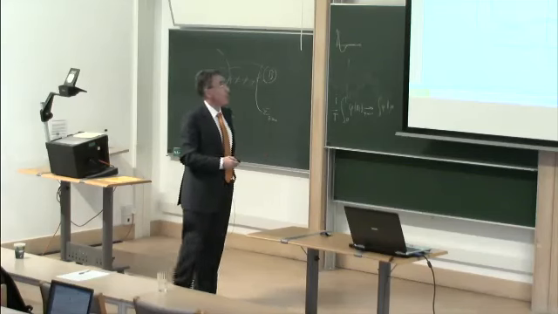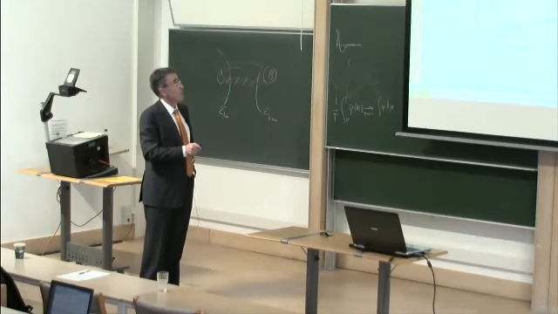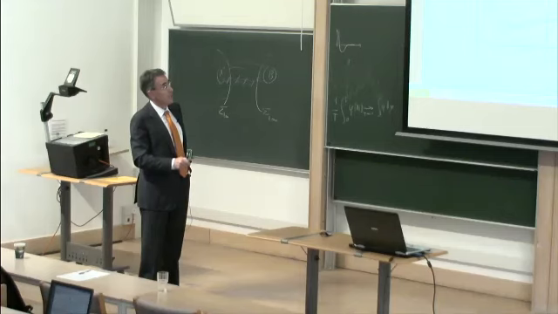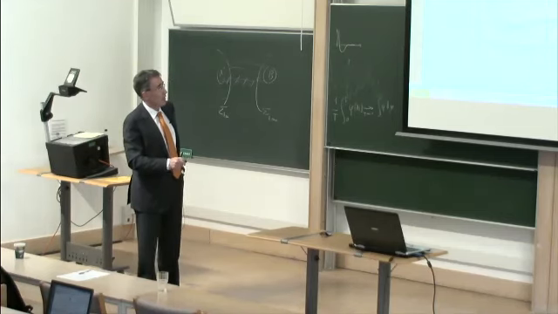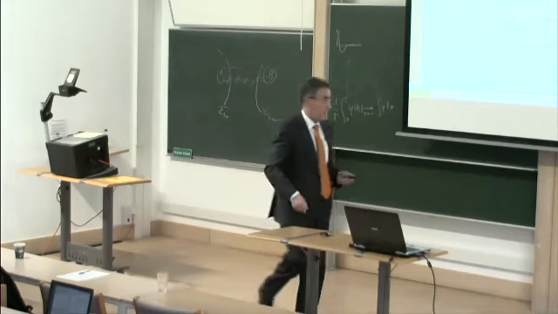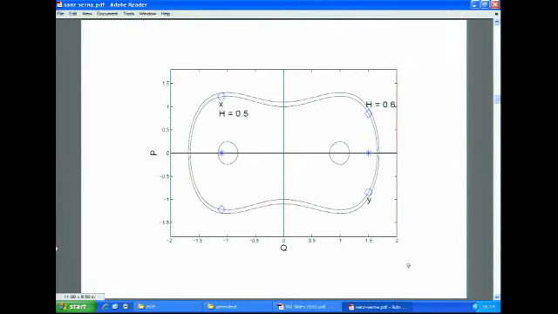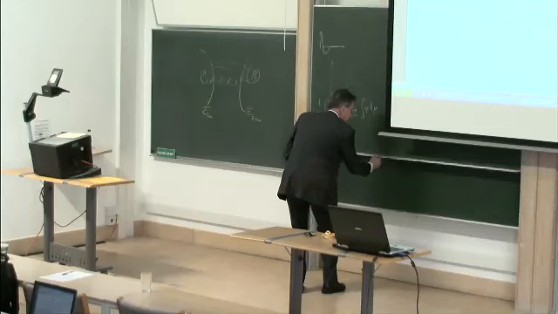So here I've got a simple example because this will be useful later. This is q, this is the position, this is the axis where my probability distribution sits. Here I'm considering a double well potential.